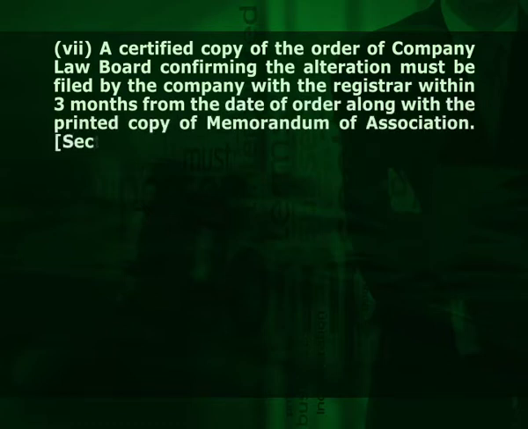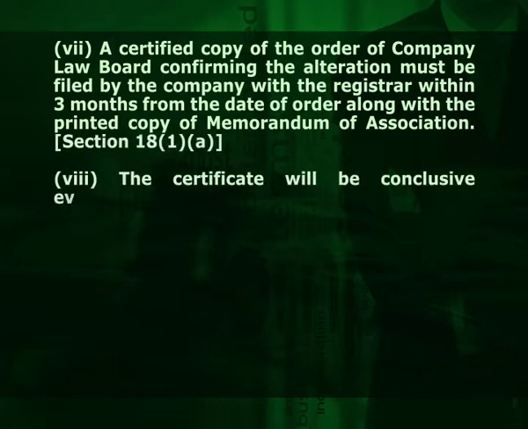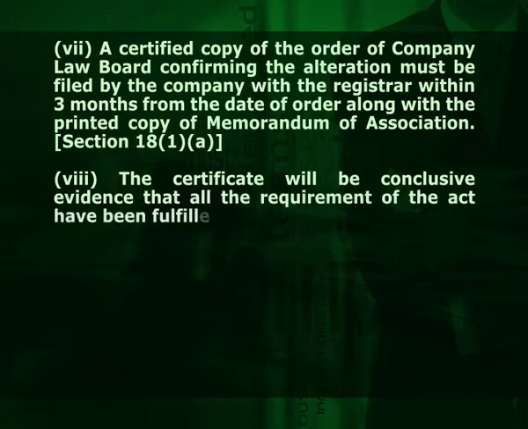Seventh, a certified copy of the order of the Company Law Board confirming the alteration must be filed by the company with the registrar within 3 months from the date of order, along with the printed copy of the Memorandum of Association, section 18 subclause 1 subclause A. The certificate will be conclusive evidence that all the requirements of the Act have been fulfilled under section 18 subclause 2.